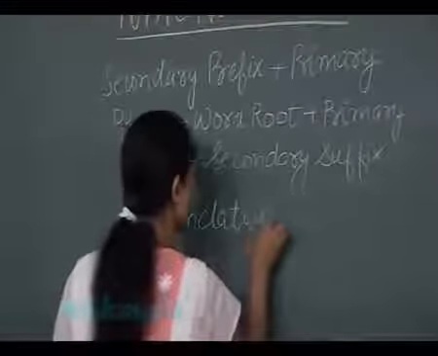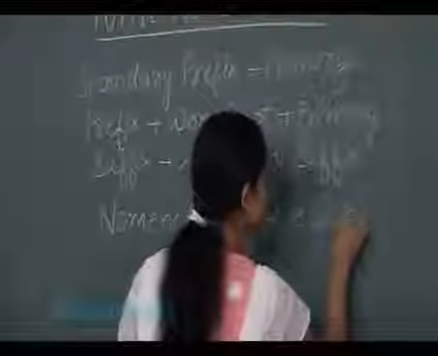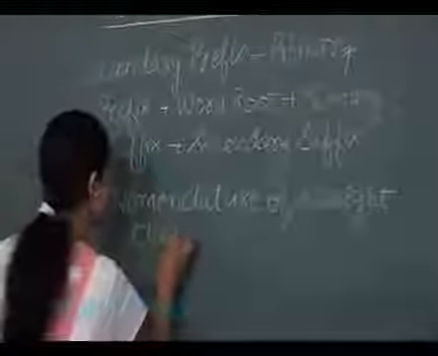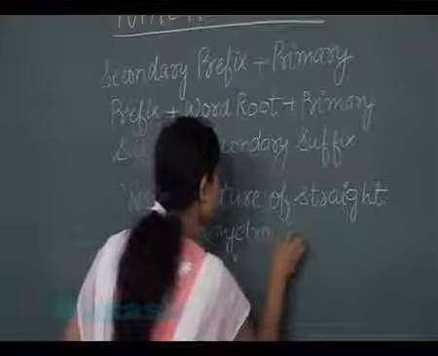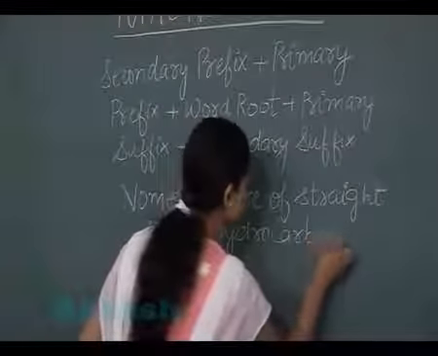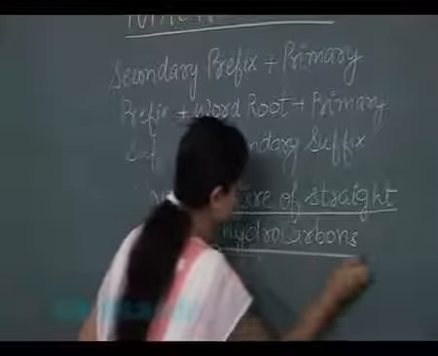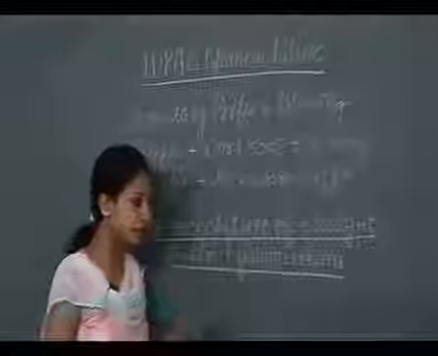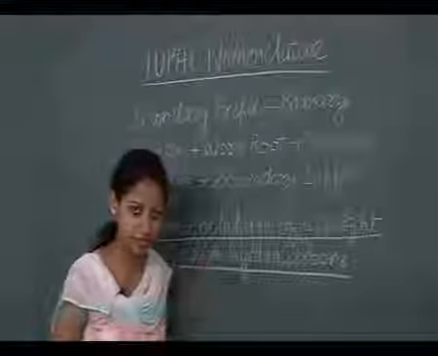Nomenclature of straight chain hydrocarbons. Now students, straight chain means no branching is present here, and hydrocarbons means they consist of carbon and hydrogen.